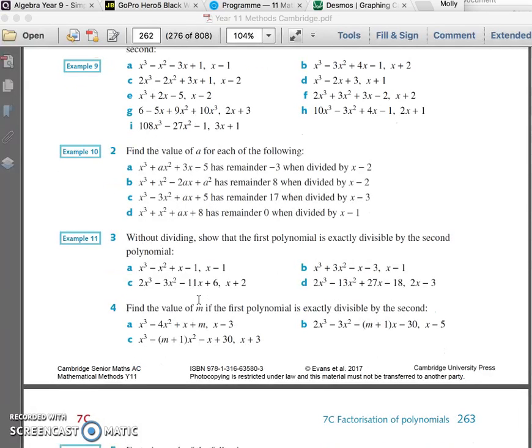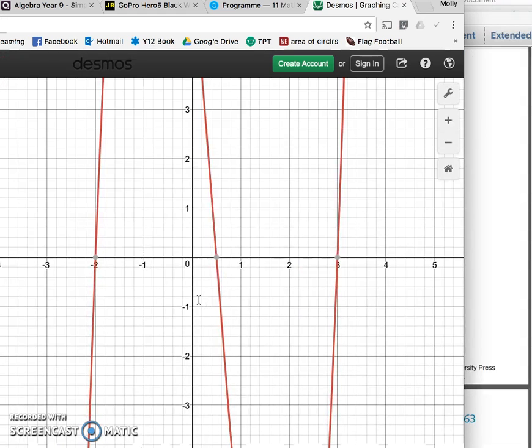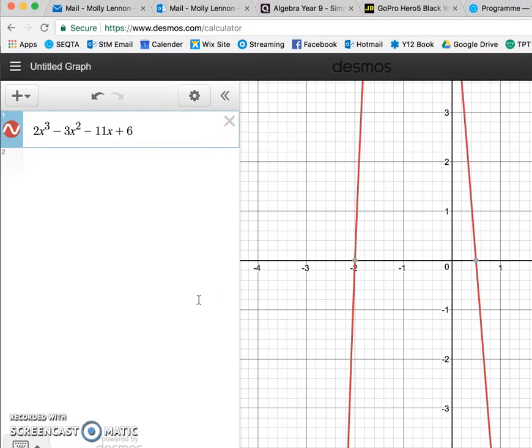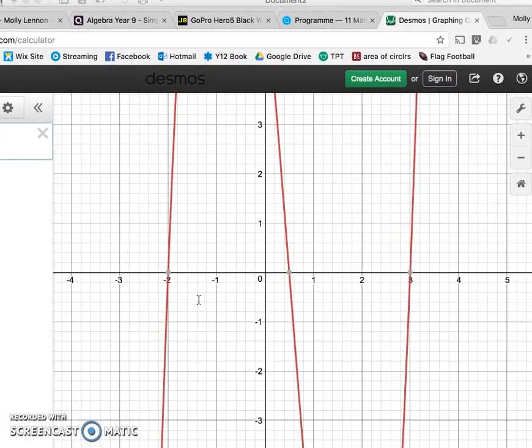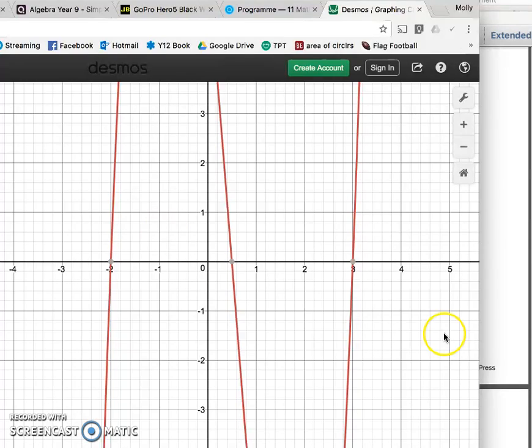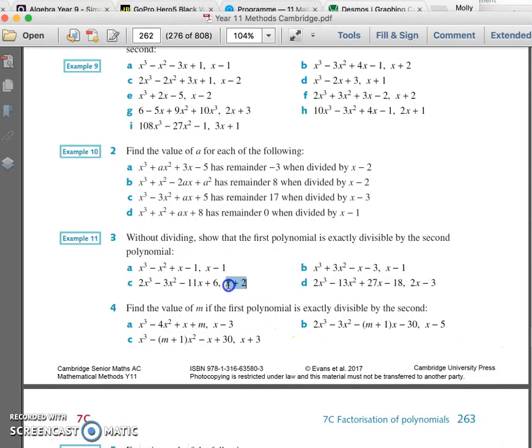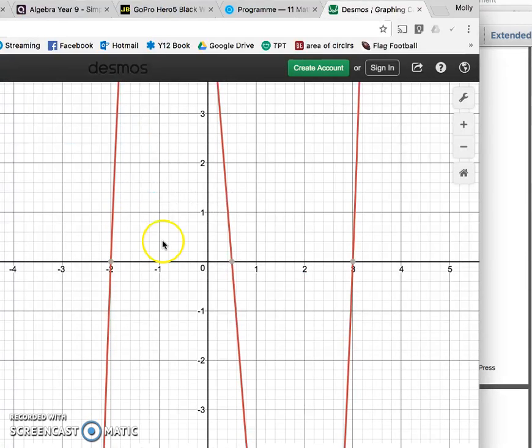And so visually I can show this a bit better for C. If I put this equation into Desmos, that's what that graph looks like. The question is, is this exactly divisible by x plus 2, or is x plus 2 a factor? If we have a look at the graph, we can see that the solutions to this cubic are negative 2, 0.5, and 3.